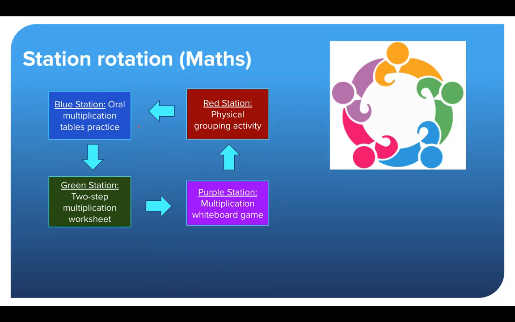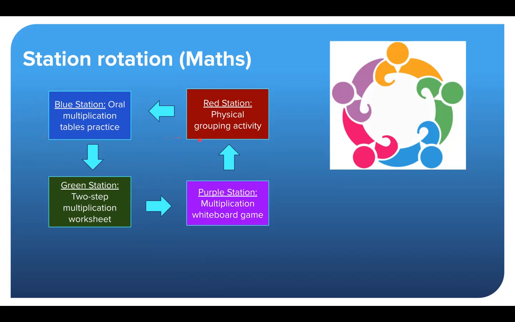So for example, your auditory learners will benefit from having oral multiplication tables practice. Your visual learners would benefit from having a physical grouping activity, could be with counters.